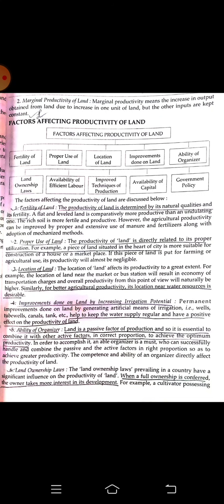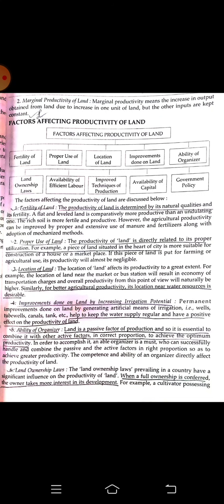Efficient labor means laborers who are able to adapt to changes, able to work with new technologies. They are skilled and trained. So this is availability of efficient labor. If in an area the people are much more skilled and efficient, that land will produce more.